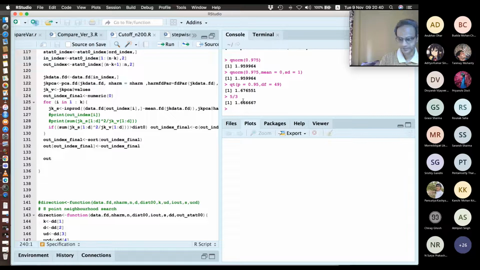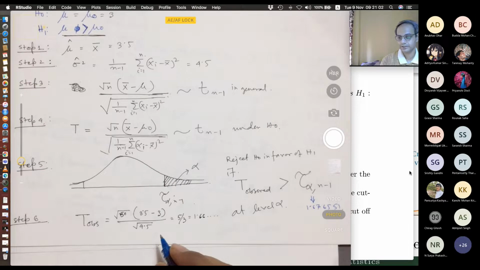So this 1.66, and this quantity is 1.676551.